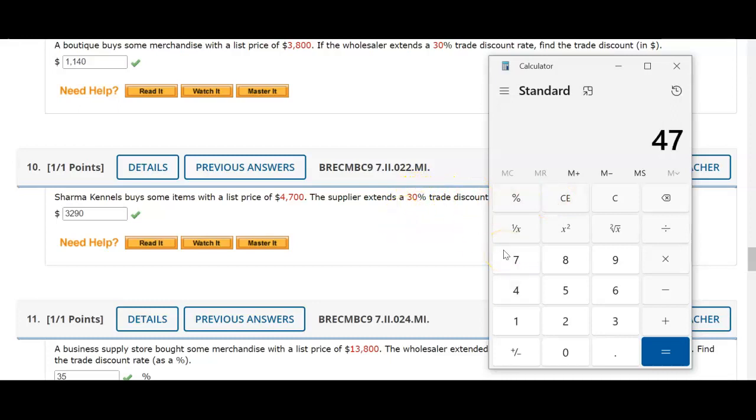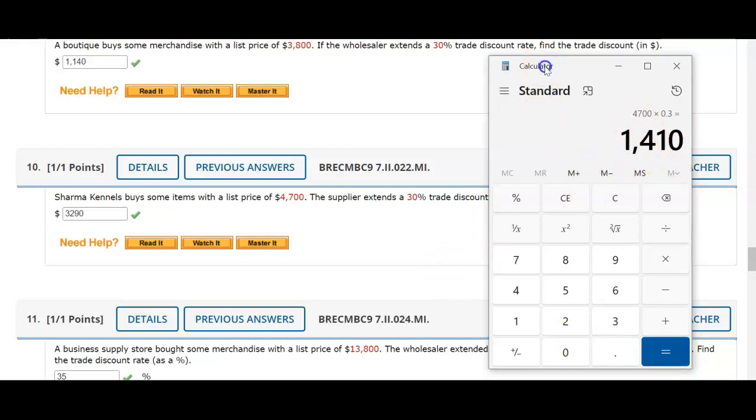You can never multiply by a percent. It always has to be a decimal. And so to get rid of the percent, you have to move the decimal 2 places to the left. Remember, Dr. Pepper, the decimal is on the left, so 2 places to the left, times 0.3. Now, that is your discount.